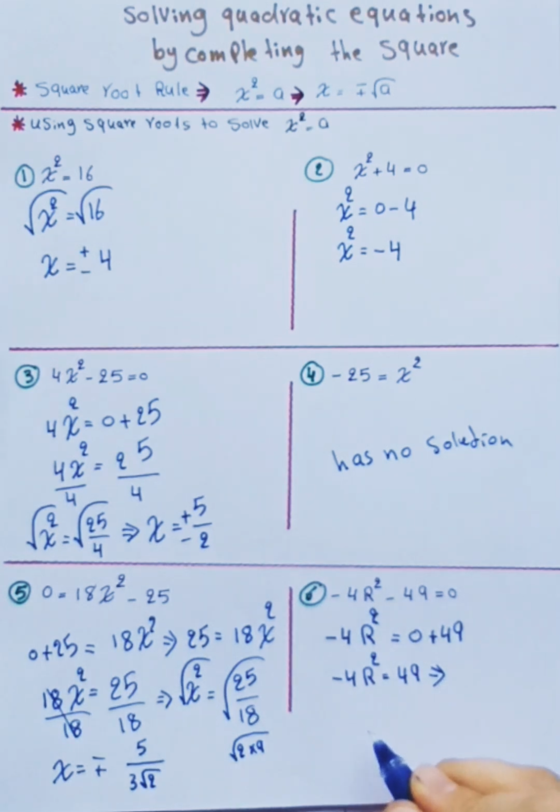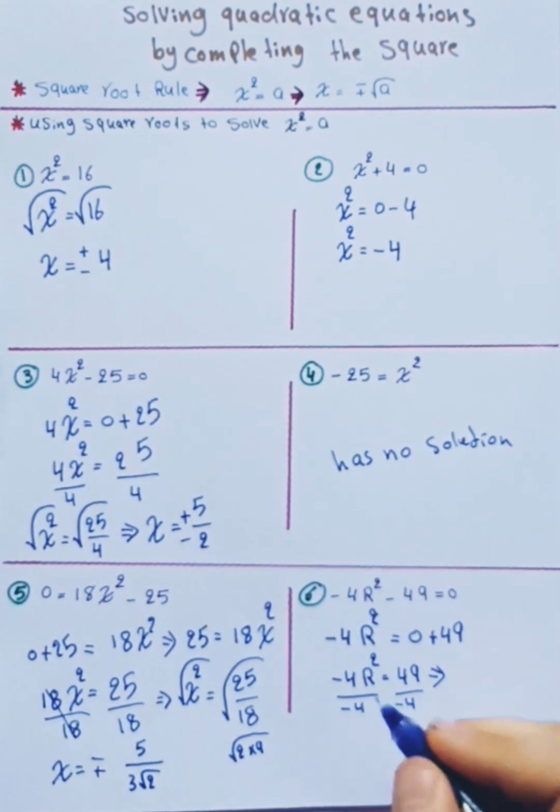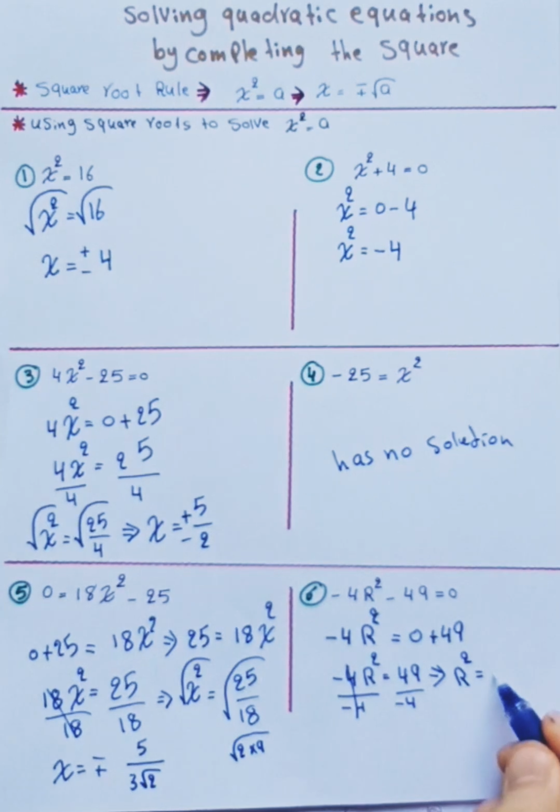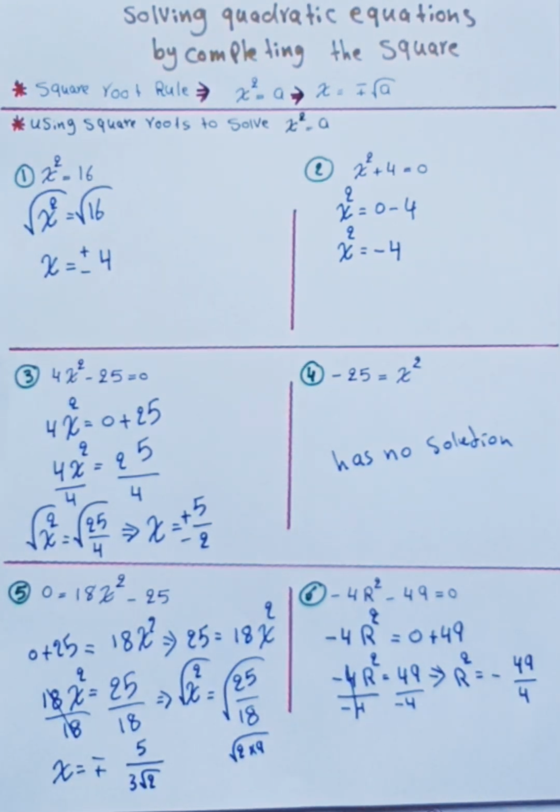After that you have to divide both sides by negative 4, so the value for r squared equal to negative 49 over 4. So this equation has no solution because the value for r squared should not be a negative number.